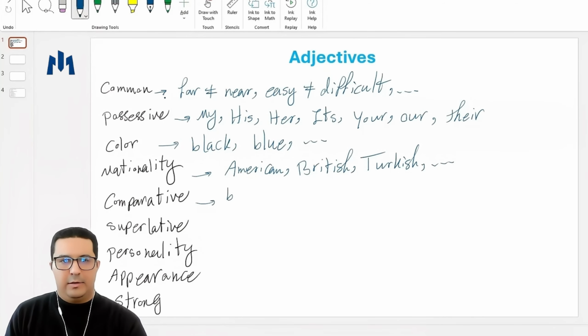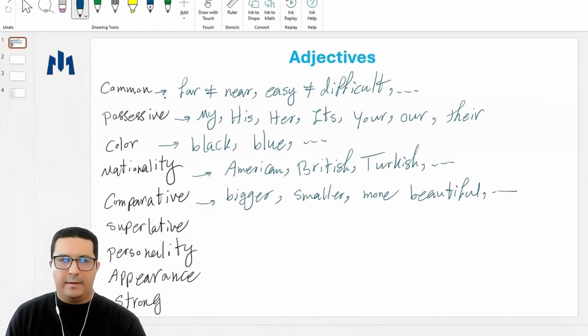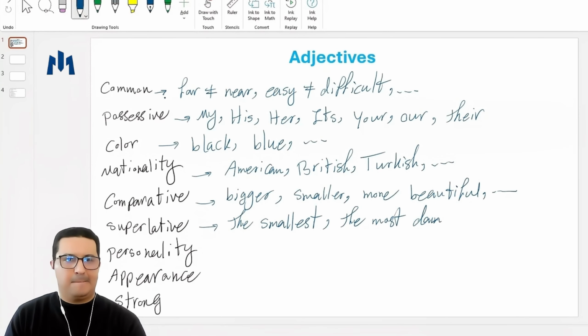Comparative like, for example, bigger, smaller, more beautiful, and these things. Superlative is, for example, the smallest, the most, sorry, dangerous. Sorry to correct it.